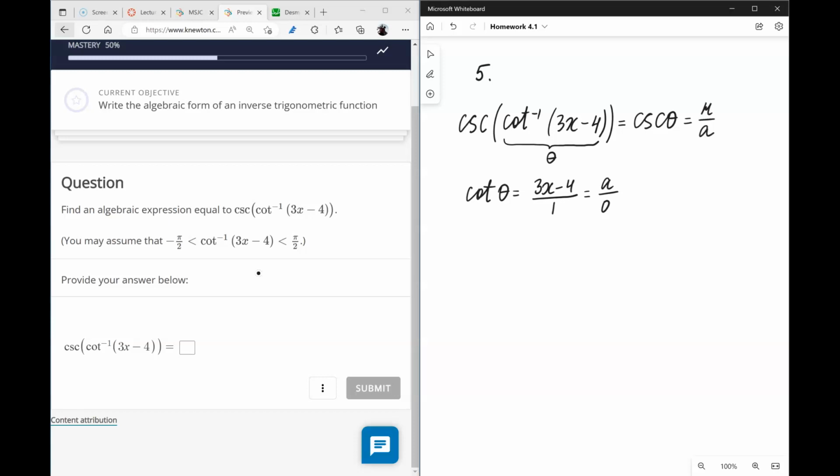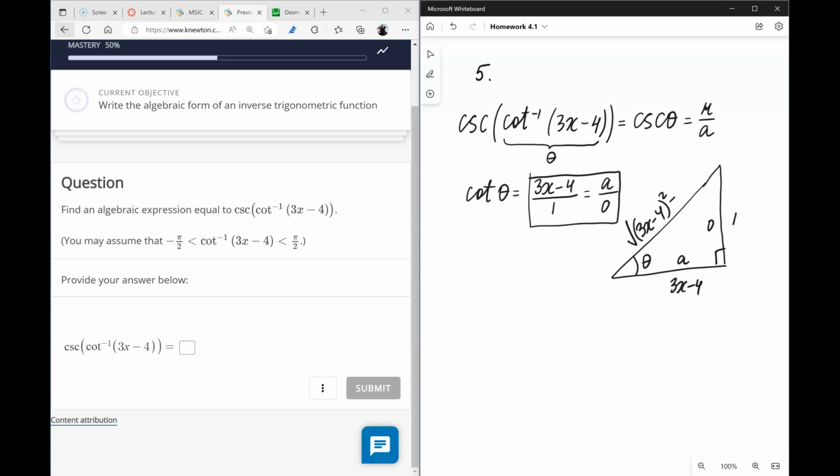So we're going to draw a triangle with angle theta, and label the opposite side as 1, the adjacent side as 3x minus 4, and then use the Pythagorean theorem to find the hypotenuse. And now we are ready to write the answer. So the cosecant theta will be the hypotenuse, which is 3x minus 4 squared plus 1, divided by adjacent side, which is 3x minus 4.